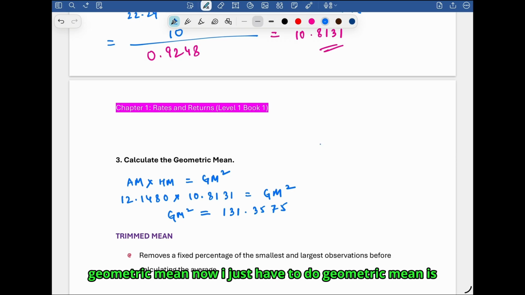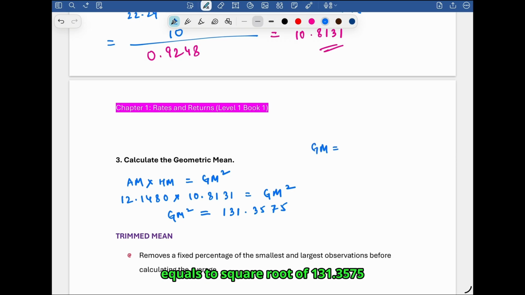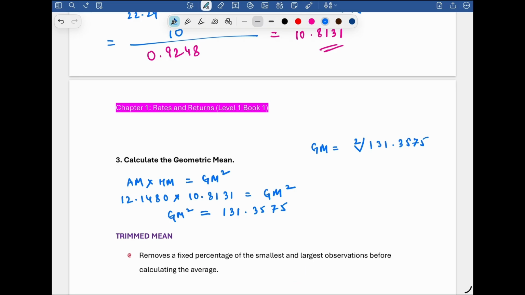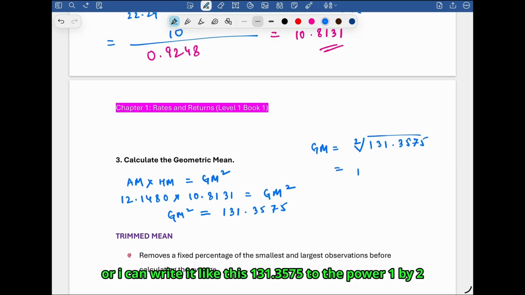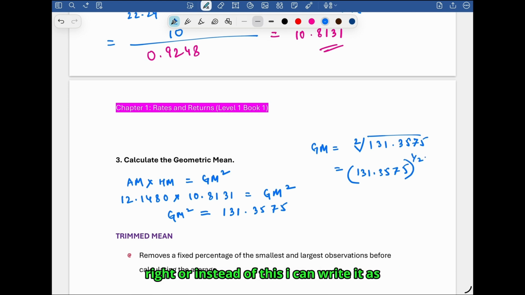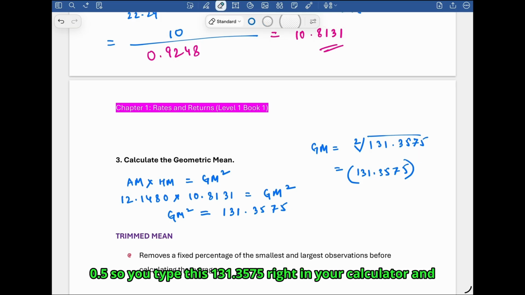Now I just have to do geometric mean is equals to square root of 131.3575. Or I can write it like this, 131.3575 to the power 1 by 2, right? Or instead of this, I can write it as 0.5.